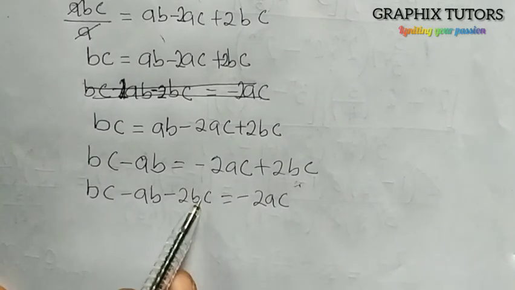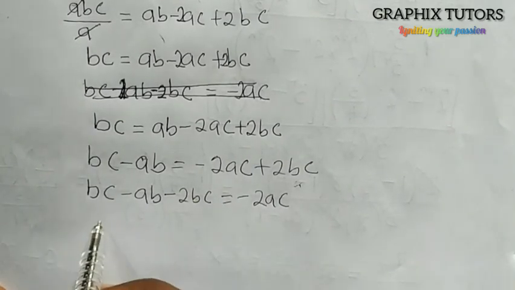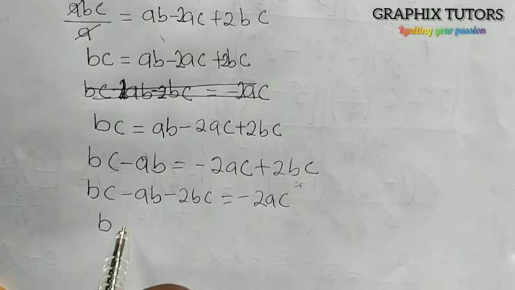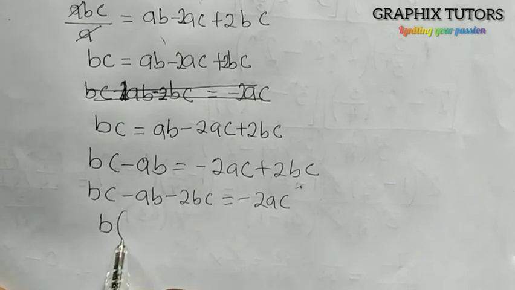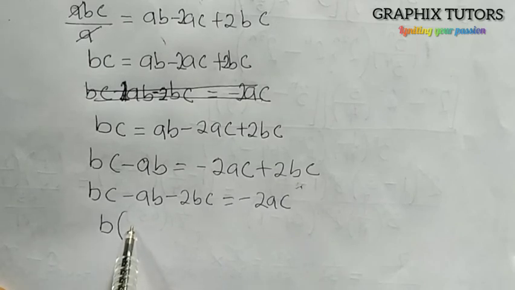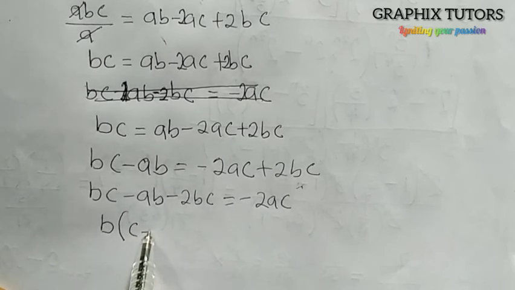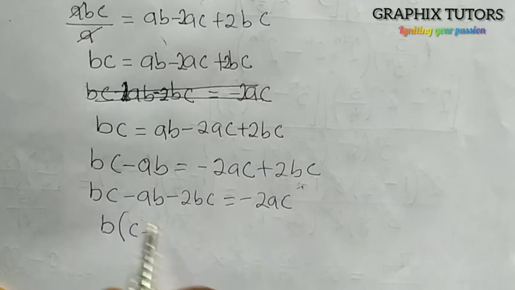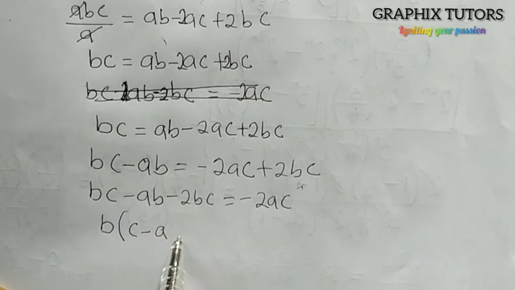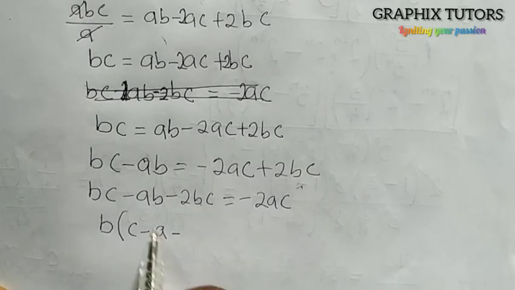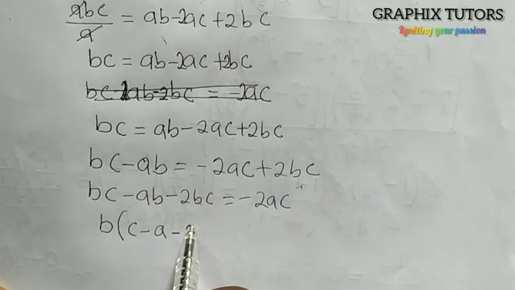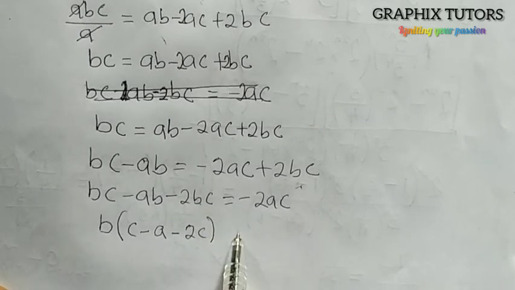I have a lot of B here, so I bring the B out because I want to make B the subject of the formula from the question. So my B into brackets, we have C minus what? C minus A, right? Then we have minus what? 2C, right, is equal to what?